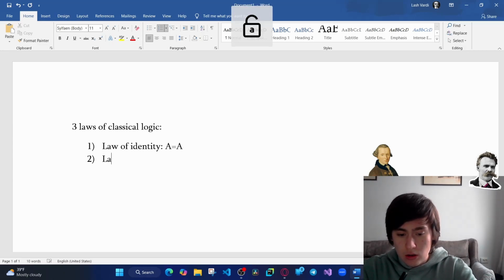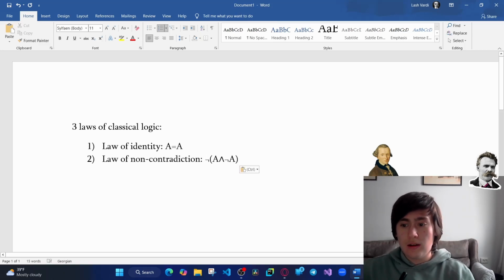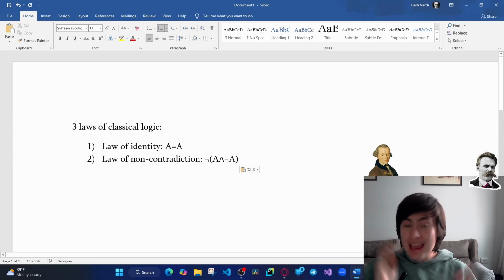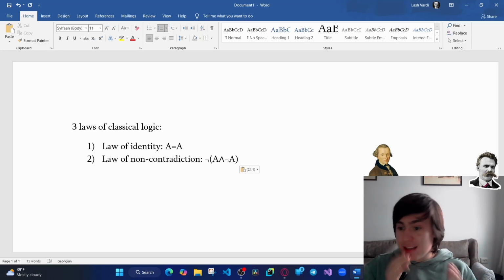Second is law of non-contradiction. Like this. Here, A cannot be both A and not A at the same time, and in the same respect. A statement cannot be both true and false simultaneously.